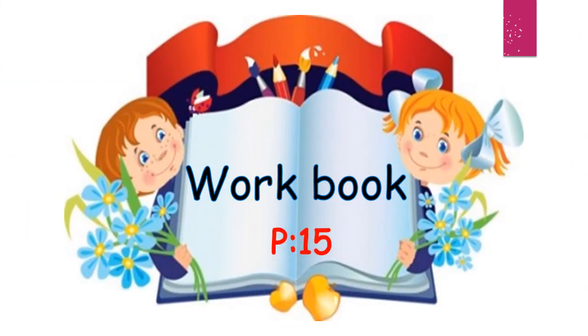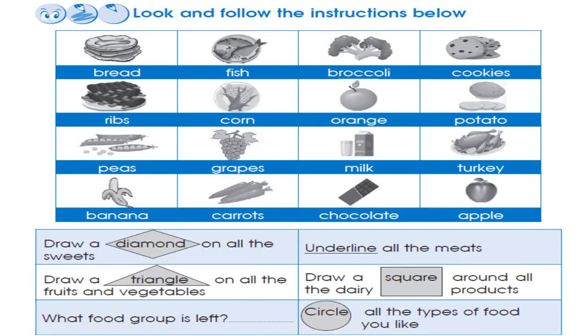Open your workbook, page 15. Look and follow the instructions below. We are going to draw a diamond on all sweets. We are going to draw a triangle on all fruits and vegetables.